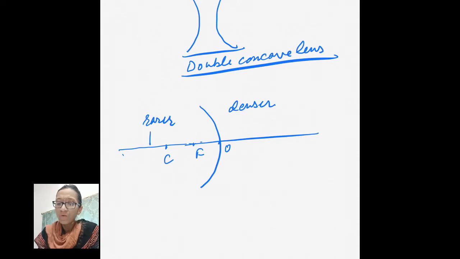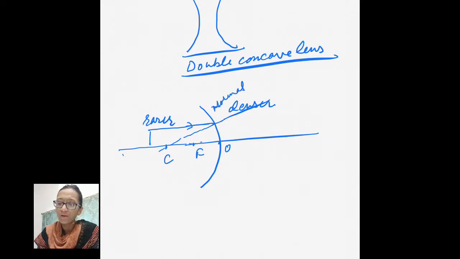Now when a ray of light goes from rarer medium to denser medium, and it falls on the surface here, here you have point of incidence. So let me draw a normal. Normal is a line along radial direction at the point of incidence.